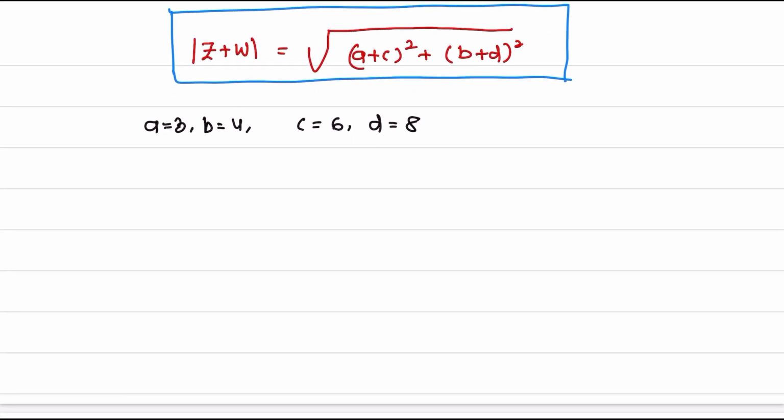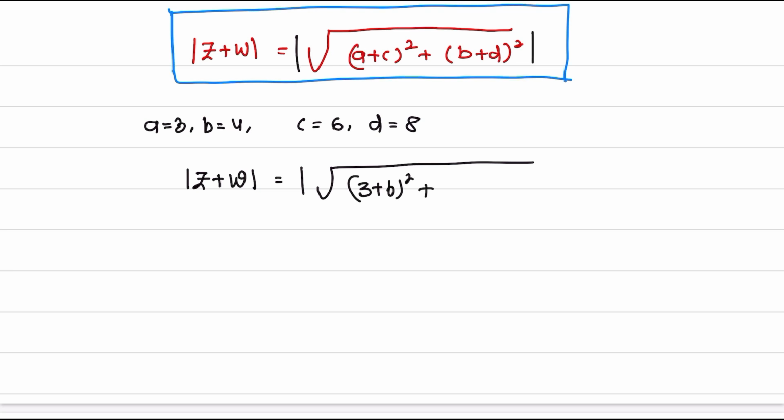That means here modulus of Z plus W is equal to absolute value of square root of (A plus C) whole square. A is 3, (3 plus 6) whole square plus (B plus D) whole square. That is (4 plus 8) whole square.